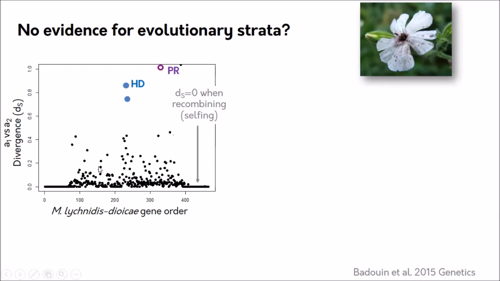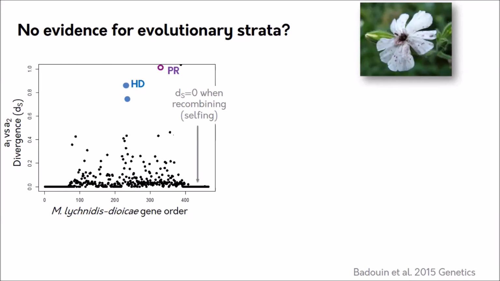And so when there is recombination suppression, you have divergence between the A1 and A2 associated alleles. And you can see here, it doesn't seem to be any evolutionary strata, right? It's just a chaos of different divergence levels.